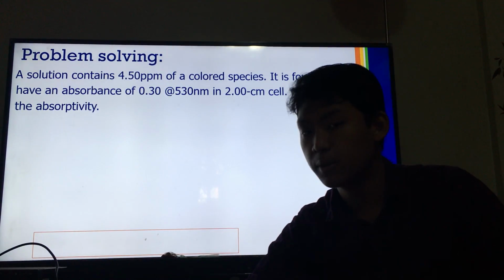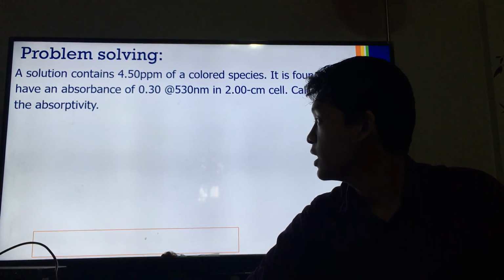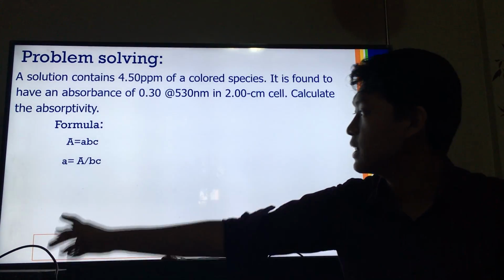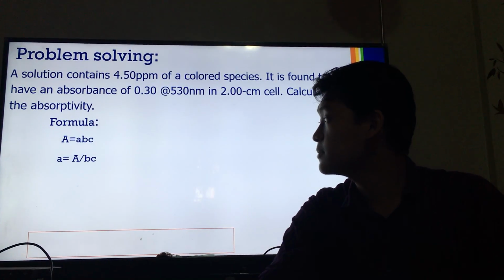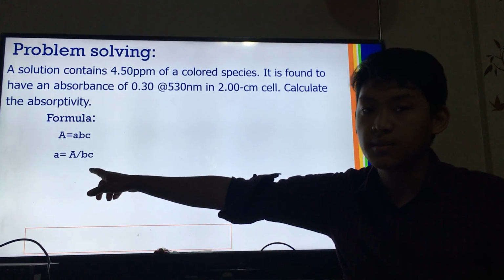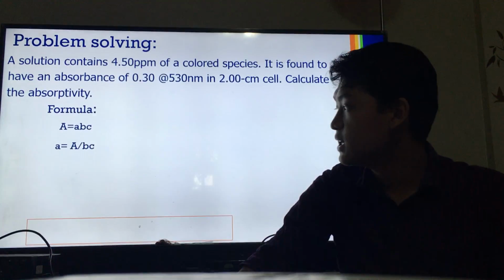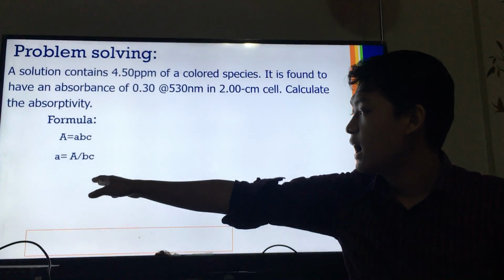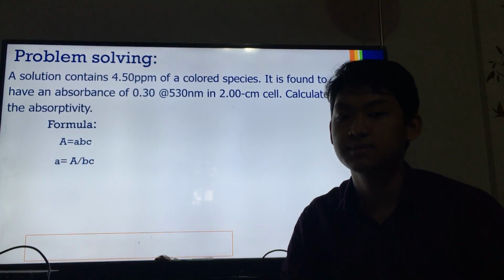Using Beer-Lambert's law, we can get the absorptivity through the formula absorbance is equal to absorptivity times the path length times the concentration. Through mathematical manipulation, we isolate absorptivity, and we get absorptivity is equal to absorbance over path length times concentration.